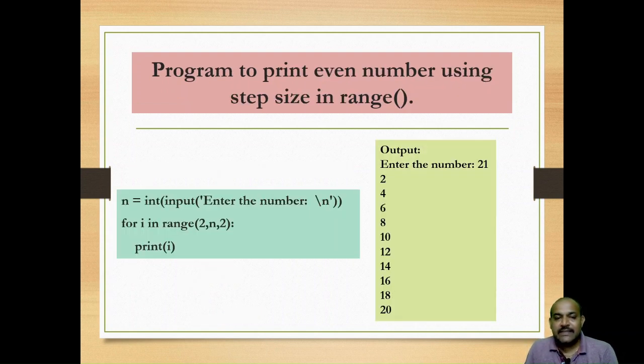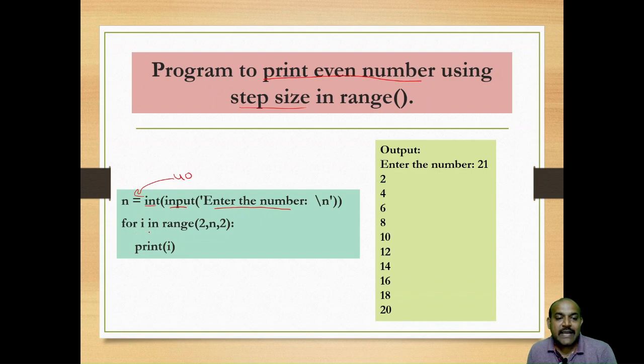Let us take another simple example to print all the even numbers using step size. Let us accept the number from the user where he has to stop printing the even numbers. I have taken an input from the user, and if I enter 40, then 40 will be stored in variable n.